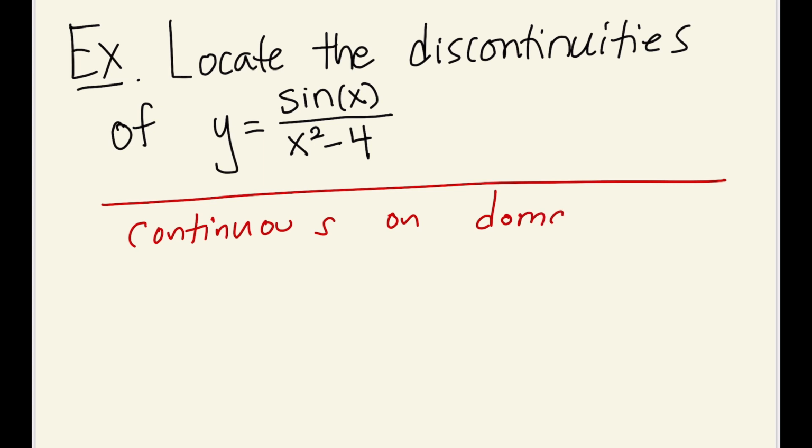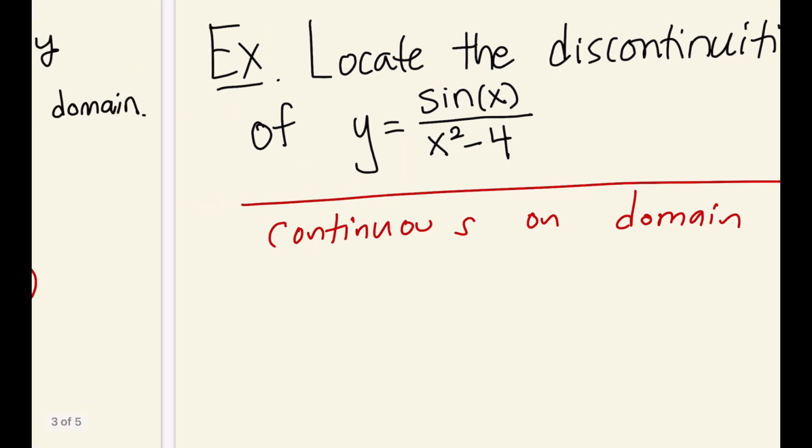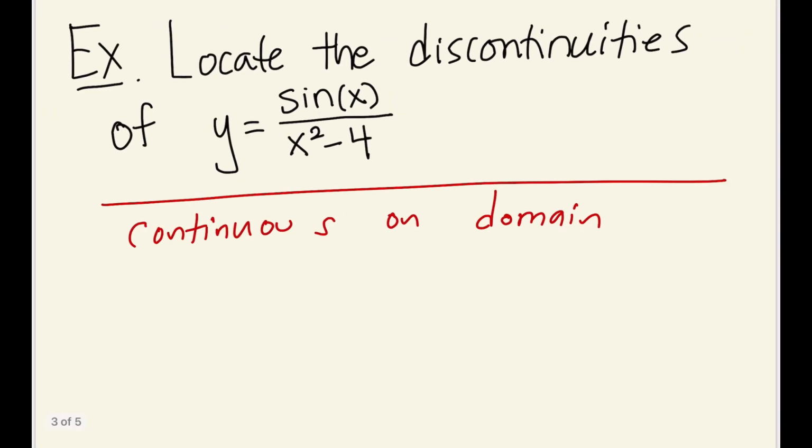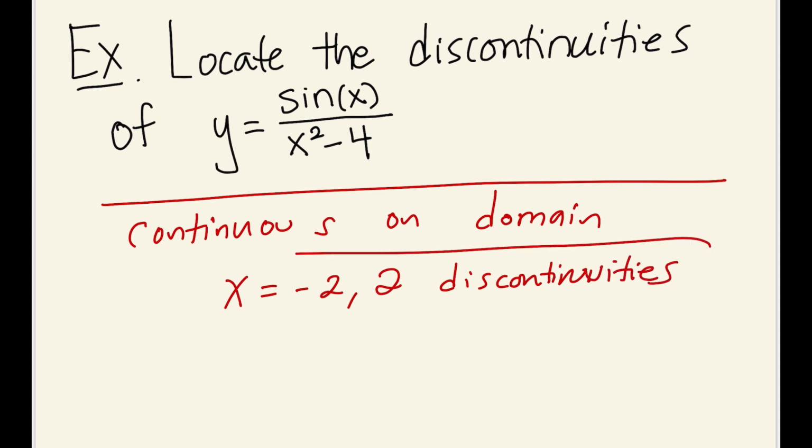And so what we really have to do is find the domain of this function. And in the previous example, we saw that the domain of this function was right here. So the only discontinuities are negative 2 and 2. These are the discontinuities. They are the values that are not in the domain of the function.